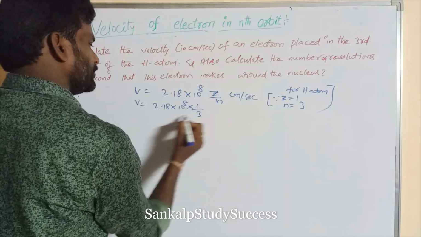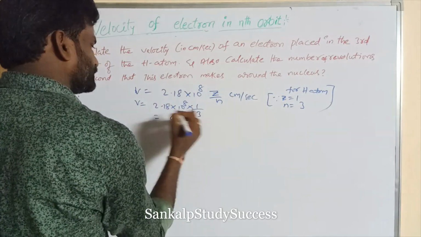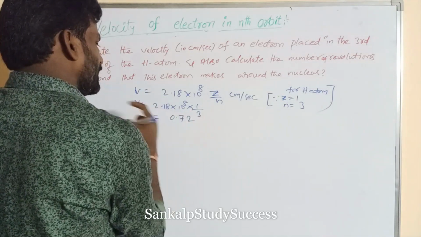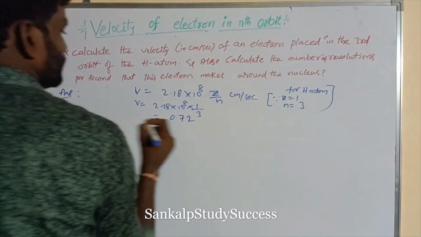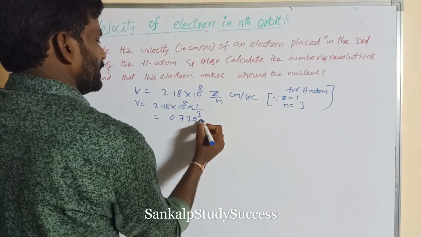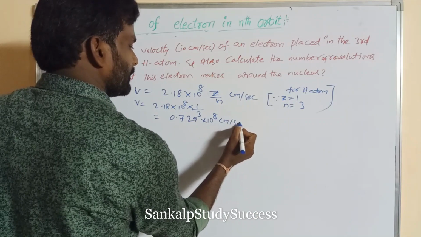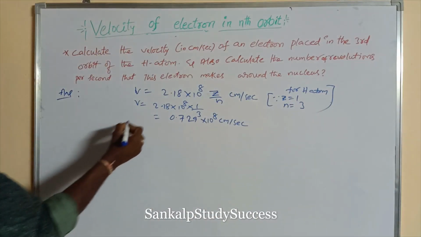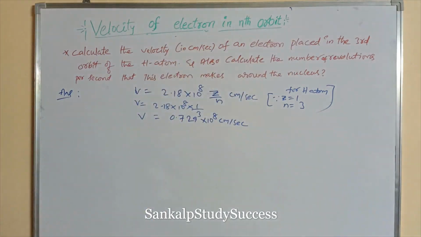So its value we got is 0.729 × 10^8 centimeters per second. This is the velocity of the electron in the third orbit of the hydrogen atom.